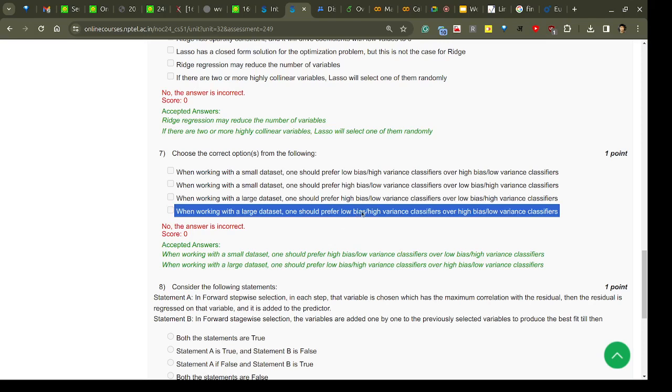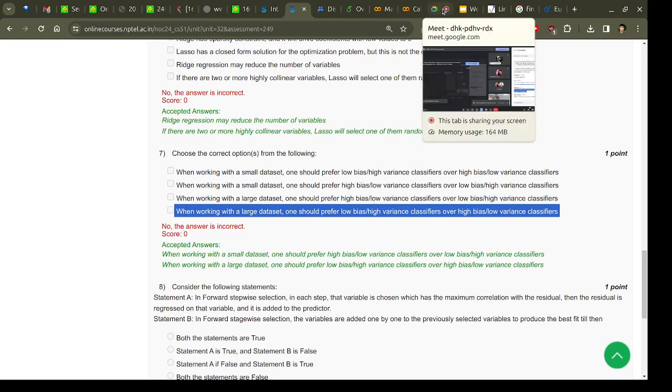So in that case, it doesn't matter where we sample the data from. Even if it is high variance, it is fine, because the data set is like that only. Wherever we take from, it will be diverse in case of a large data set. So that is the reason.